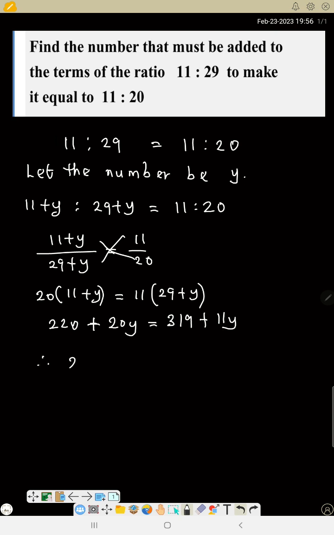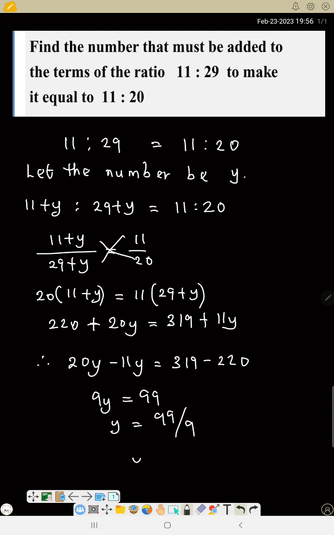So this will become 20y minus 11y is equal to 319 minus 220. So 20 minus 11, that is 9y, equals 319 minus 220. So that is 99. So y is equal to 99 divided by 9.